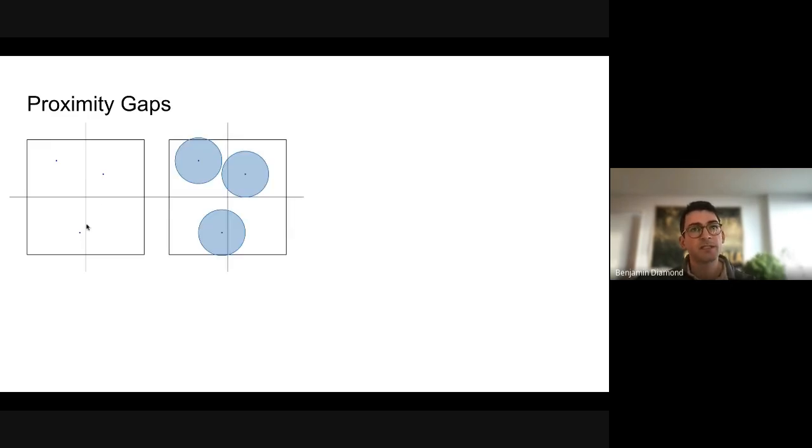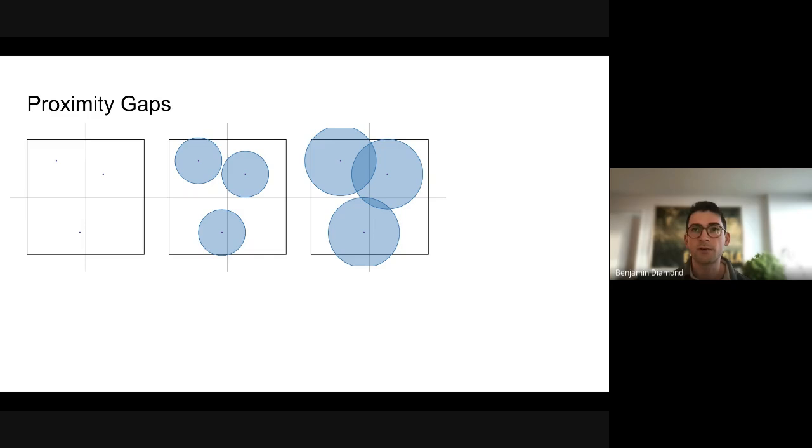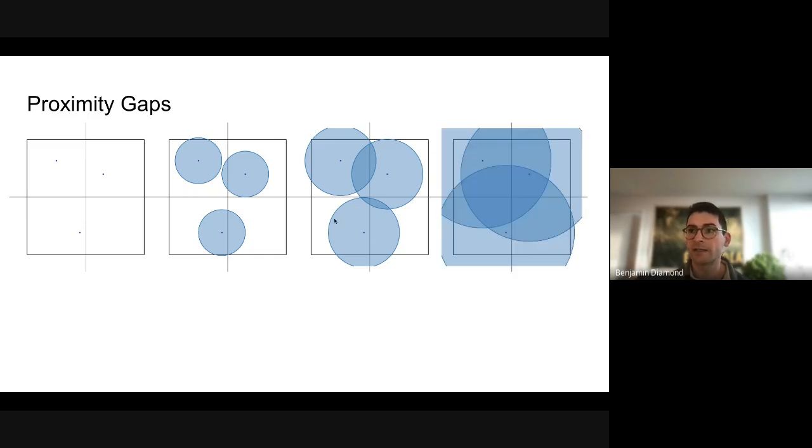As Angus said, we're interested in what happens when we blow up a ball of varying radius around each code word. Here you can see the balls don't intersect at all. This picture you can think of as unique decoding. Eventually the balls will start intersecting, and here's a picture of so-called capacity.